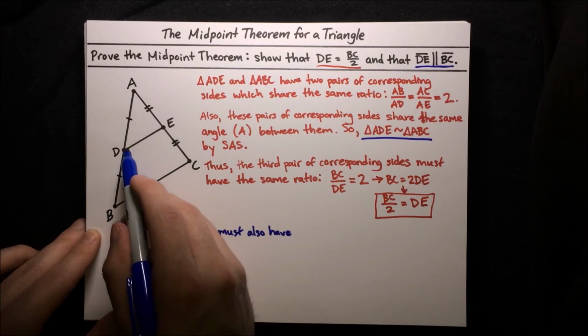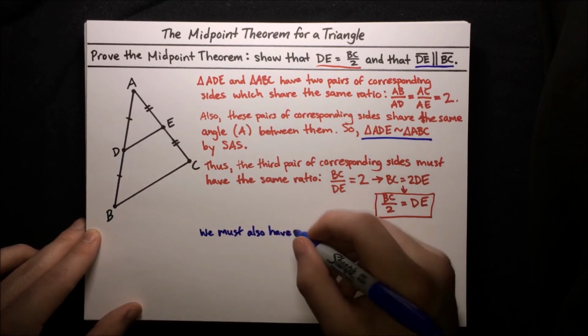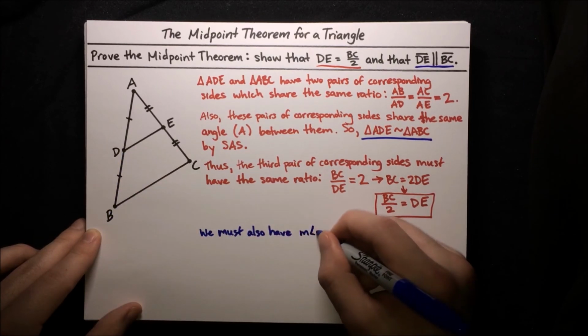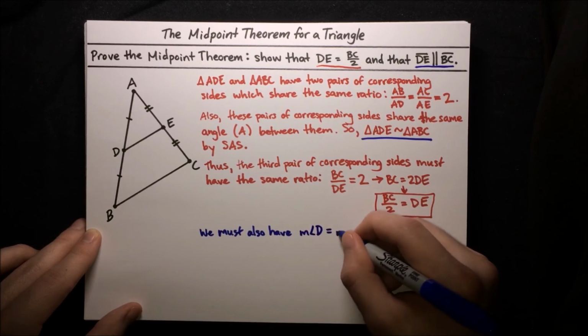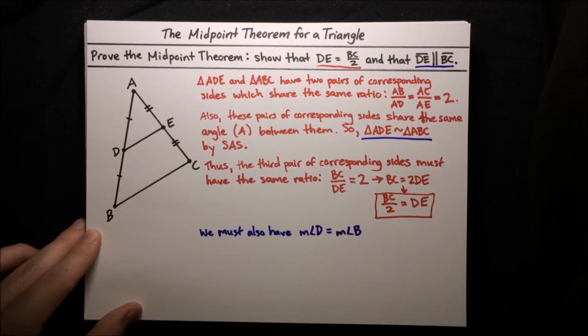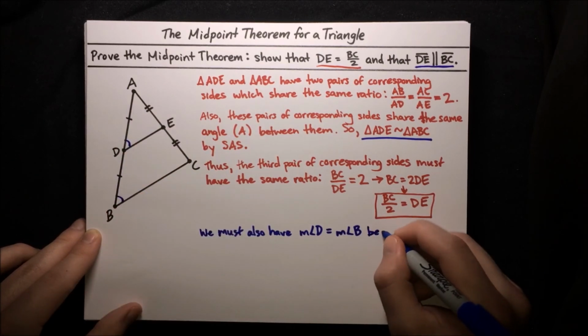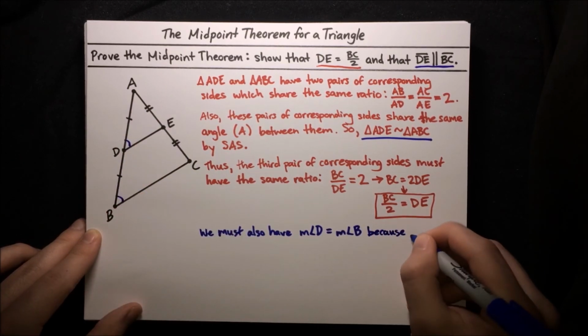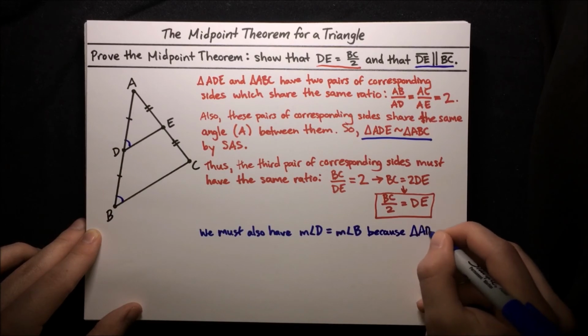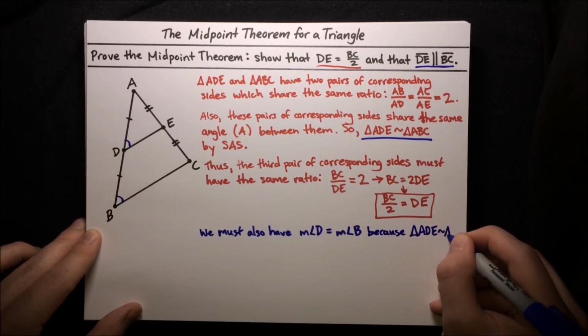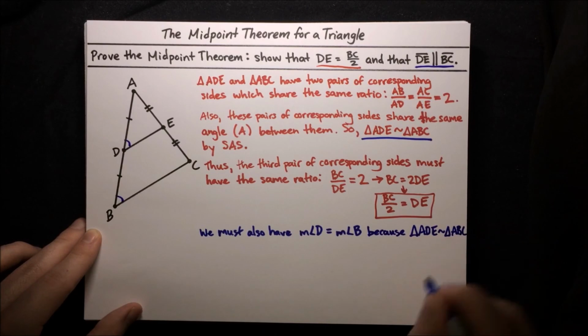And angle D is corresponding to angle B, so we need measure of angle D is equal to measure of angle B. These two angles here. And again, that's because these two triangles, triangle ADE and triangle ABC, are similar.